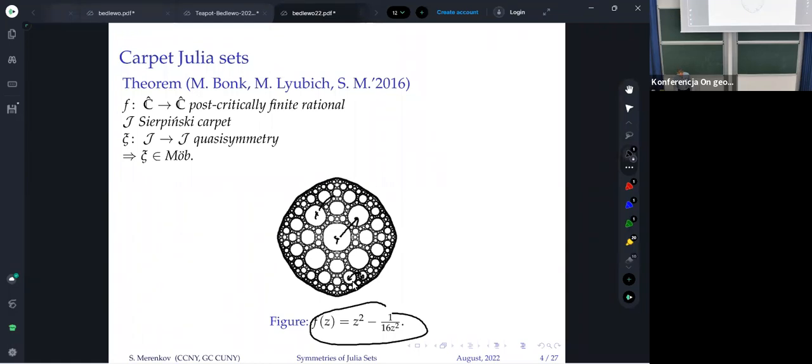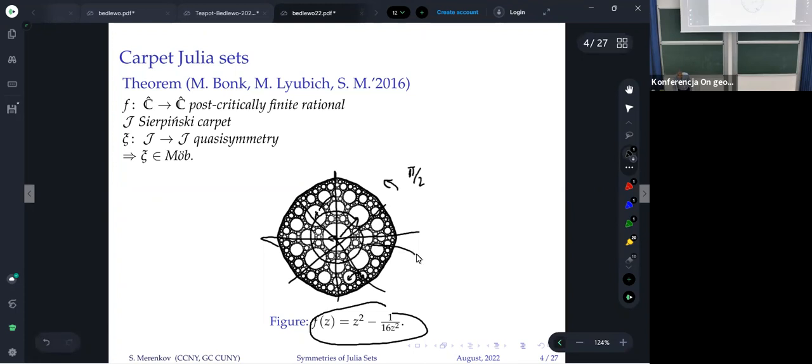There are some, clearly rotations by pi/2 are symmetries. There are some reflections as well that are symmetries. There is another somewhat hidden symmetry, a symmetry with respect to 1/z.